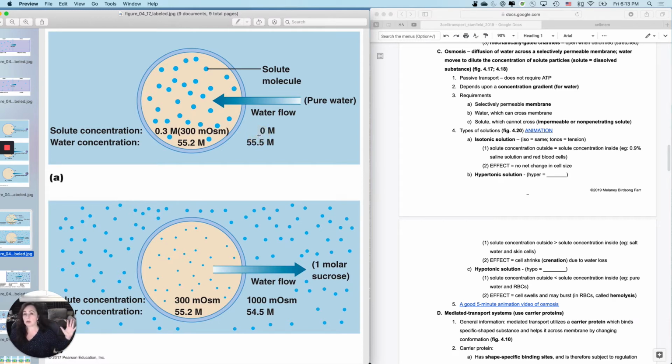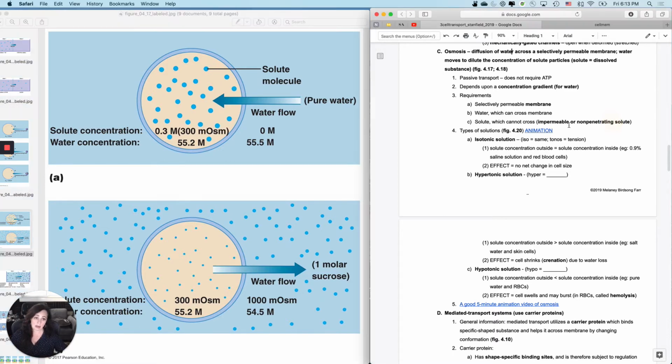And the first thing you will want to do is to try to diffuse the solute out. But this is what we call a non-penetrating or impermeable solute, meaning generally, because of the chemical characteristics of the solute, it is not going to go across that cell membrane. So if the solute can't go, then the water will go. Okay, so the solute ain't going anywhere.